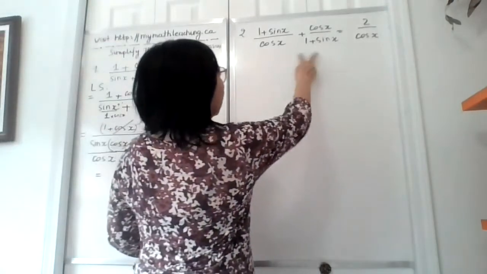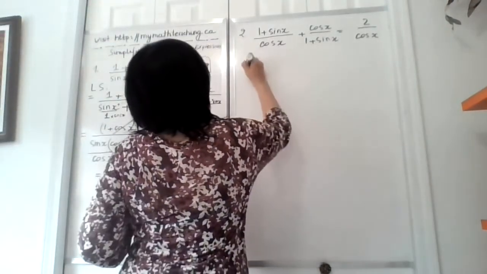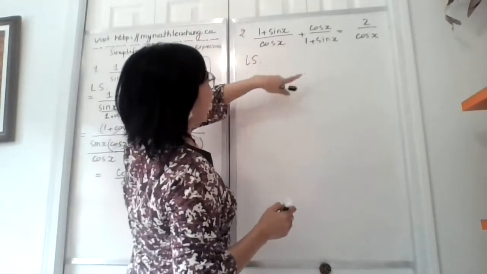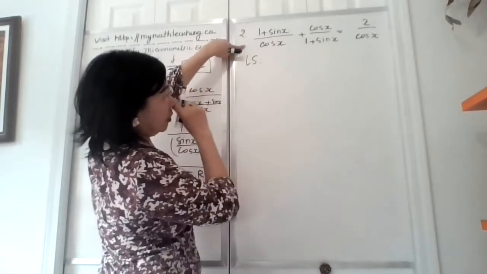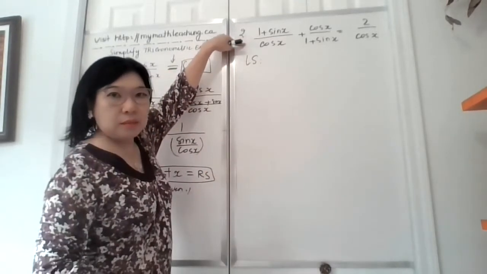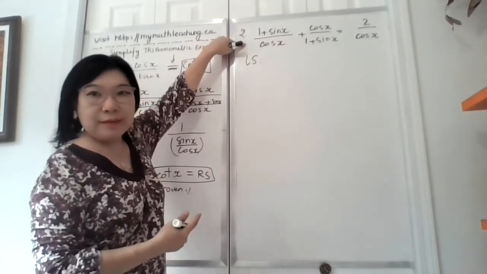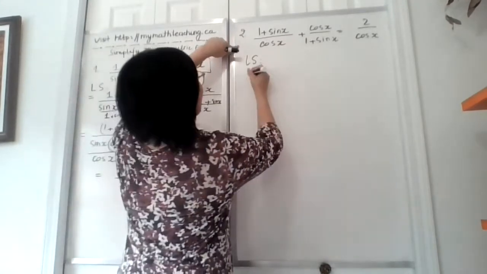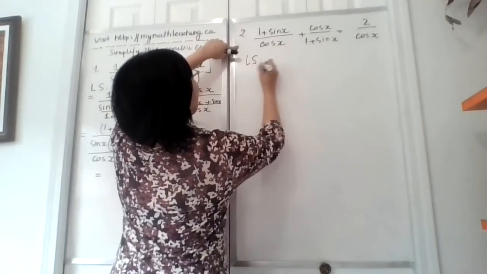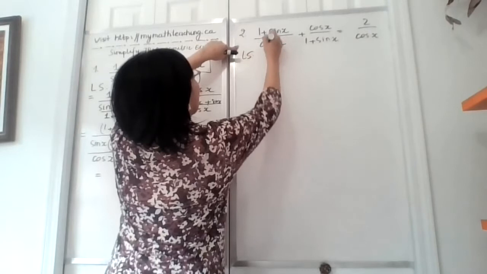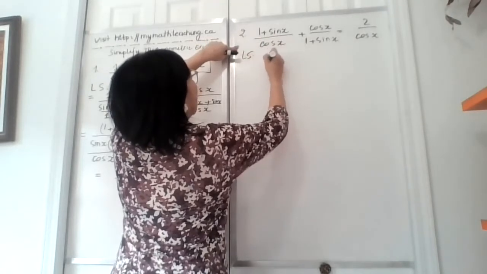So I have adding functions on the left. So I'm going to work on the left side. These are adding functions. When we add functions, we treat them with a common denominator, just like we add in elementary fractions, right? So I'm going to do a common denominator.